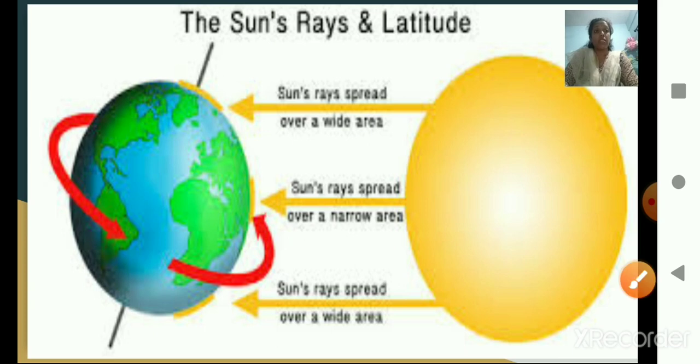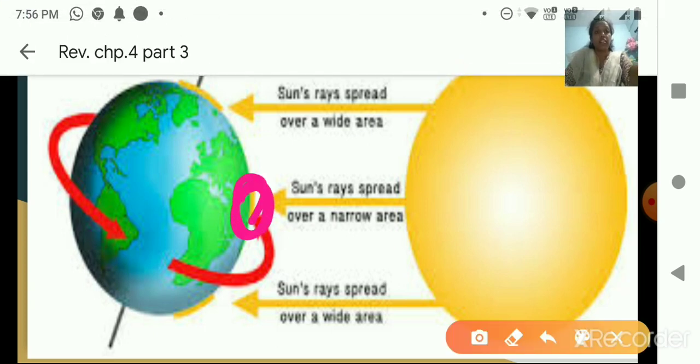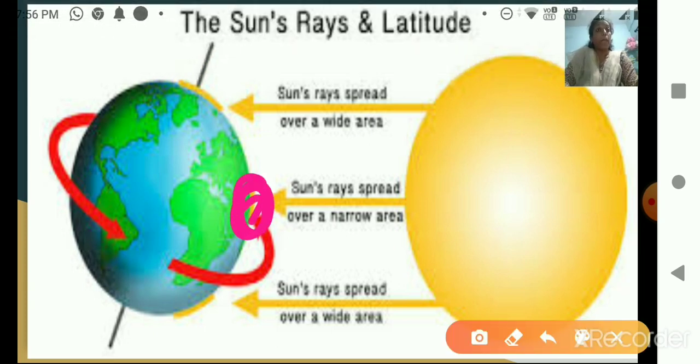That means these areas get heated more compared to these areas.